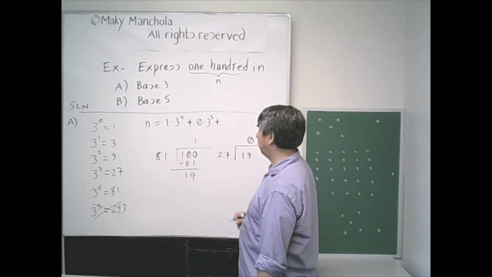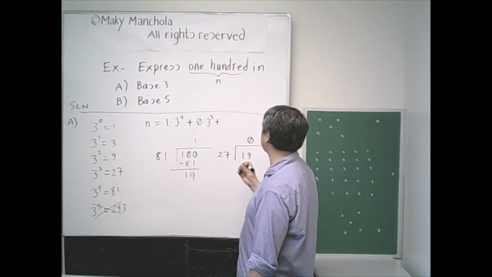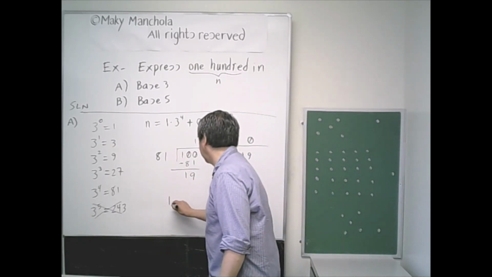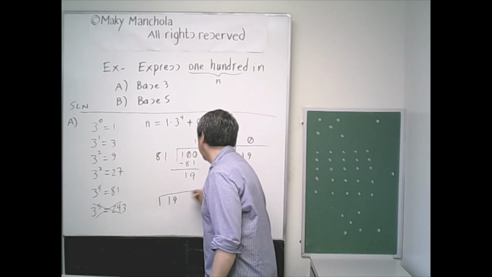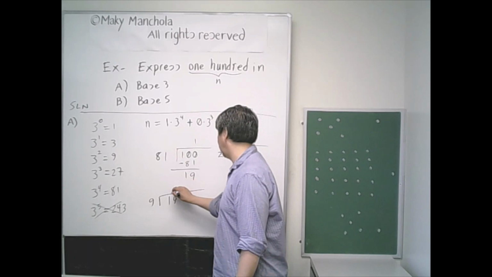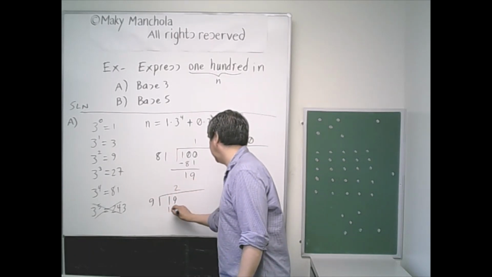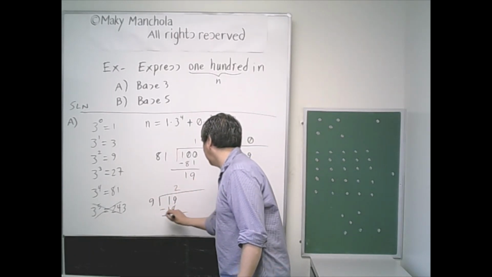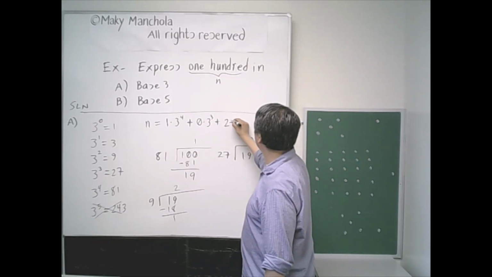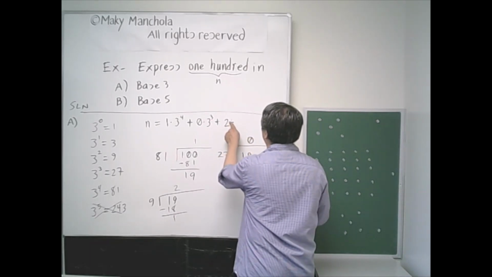So how many 9s? So let's divide 19 by 9. 9 times 2 is 18, so there are 2 of those. 2 times 9 is 18. The remainder is 1. So there are 2 9s in here. So it's 2 times 3 squared.